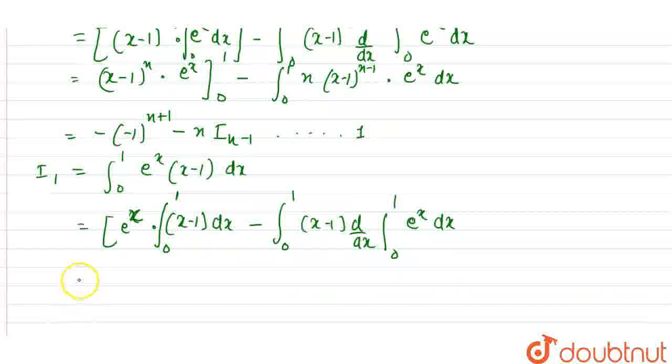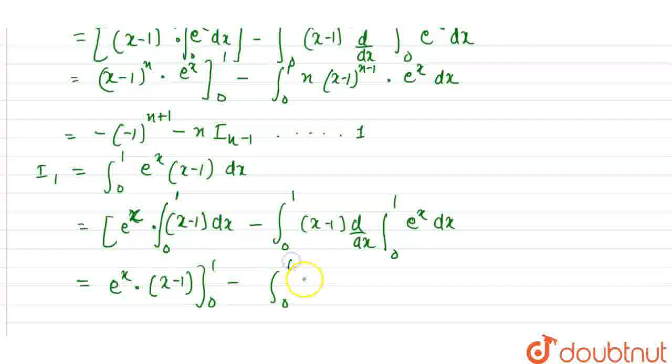So now when we solved it, it became e to the power x into (x minus 1) with limit 0 to 1, minus the integration from 0 to 1 of e to the power x dx.